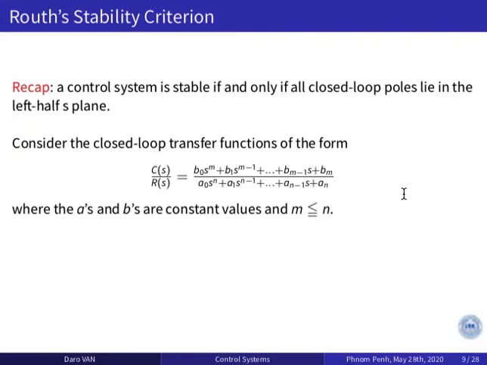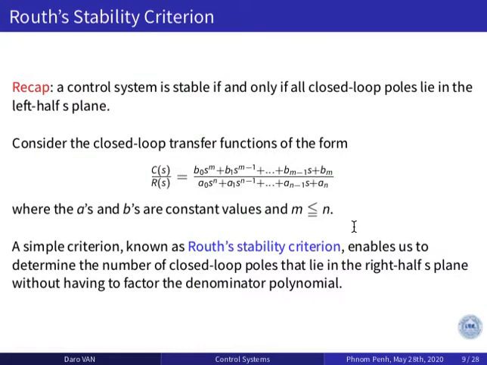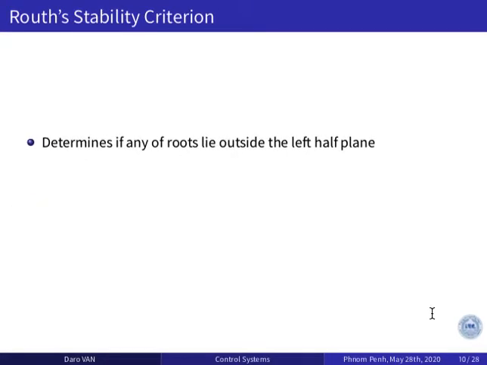The root stability criterion enables us to determine the number of closed loop poles in the right half plane without having to factor the denominator polynomial. It determines if any of the roots lie outside the left half plane. However, it doesn't give actual pole locations. You can tell if it is stable or unstable, but it doesn't give any information on the actual pole locations.